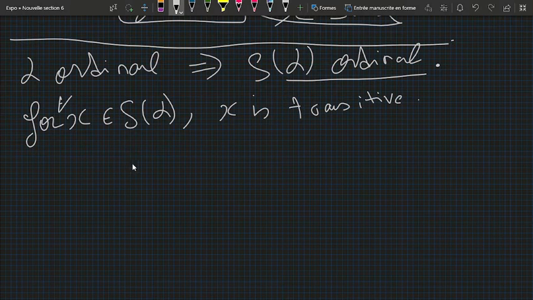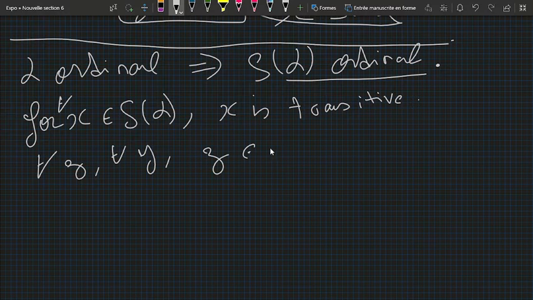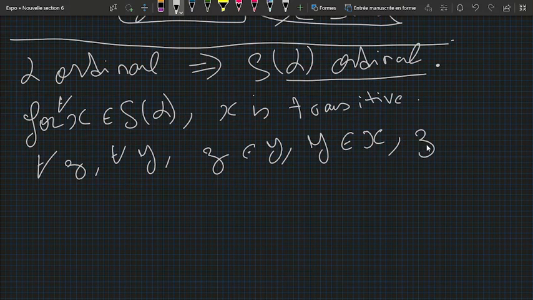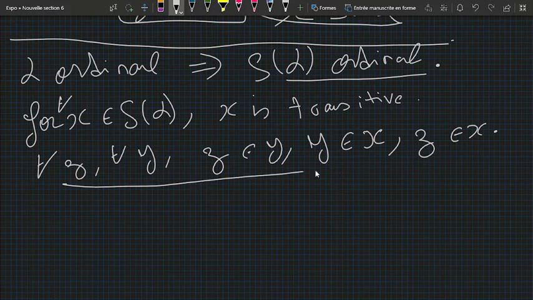Which means for all Z, for all Y, if Z is in Y and Y is in X, then Z is in X. So we must prove that.